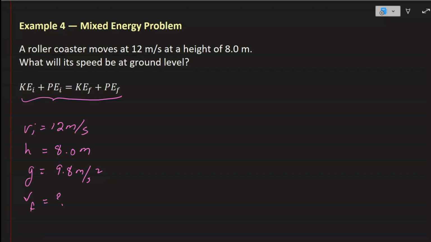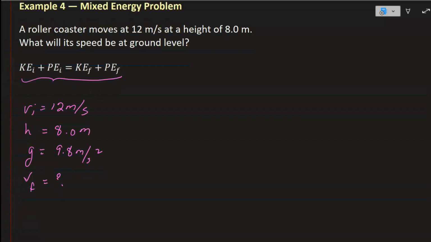Okay. Now in this case, we need to go ahead and figure out what is what. We have a roller coaster, so there is the initial velocity, and it is at a height of 8 meters. That means there is not only a kinetic energy, but a potential energy as well. So the initial kinetic energy will be 1/2 m v_i squared, plus the potential energy, which will be mgh, and h is 8 meters because you're at the height of 8 meters.